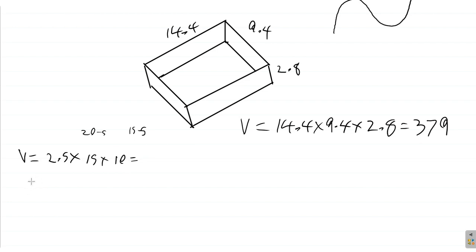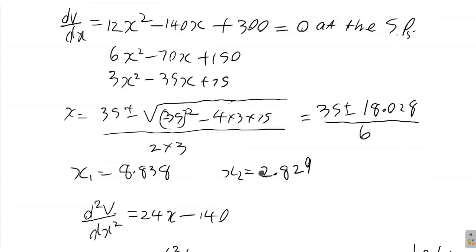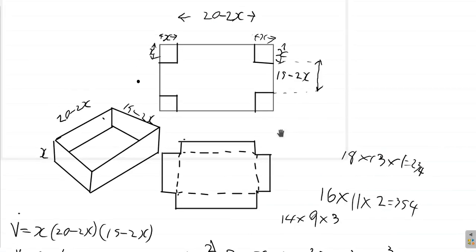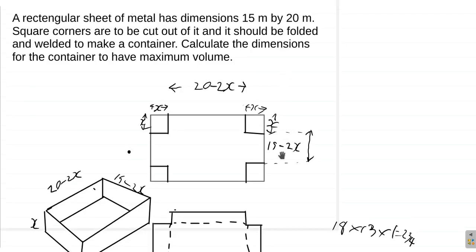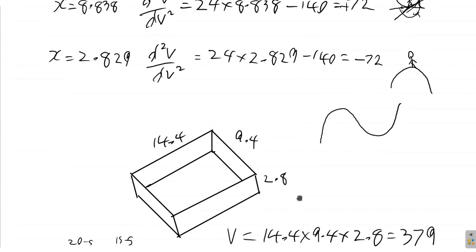Suppose we cut off more than 2.8. Then we would have, say, 3 high by, if we cut off 3 on one side, 3 on the other side of 20, you lose 6, so it would be 14 times. And then if we have the 15 and we cut 3 from one side and 3 from the other side, we would cut off a total of 6.